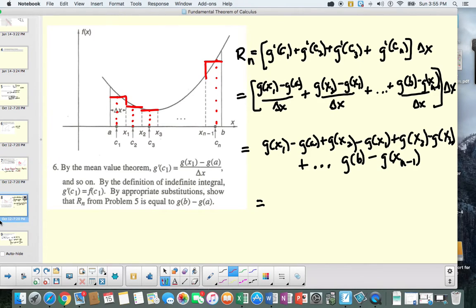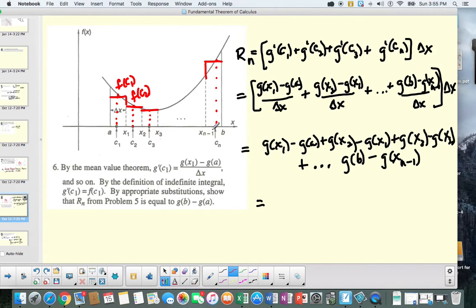Okay, well these heights here that we said were f of c sub 1 and f of c sub 2, remember that this is a derivative curve. We're trying to find the area under a derivative curve. So f is actually the derivative of g.